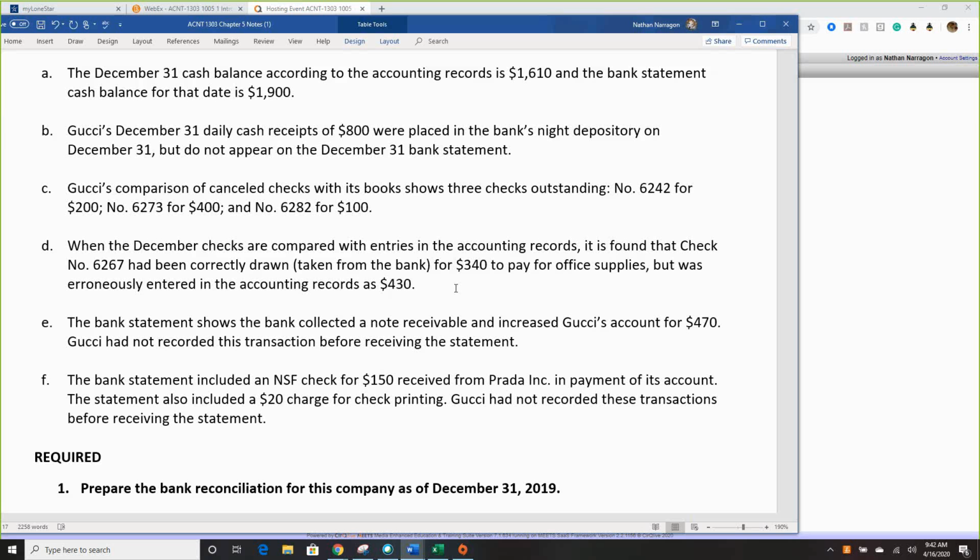Who did it correctly, the bank or the book? With an error, we have to find out who did it correctly first. That's the number that we need to reach.